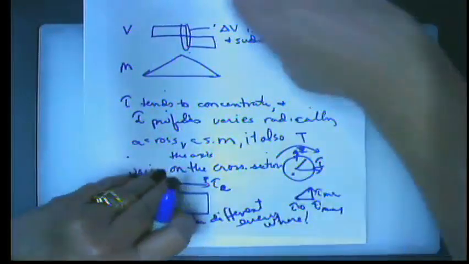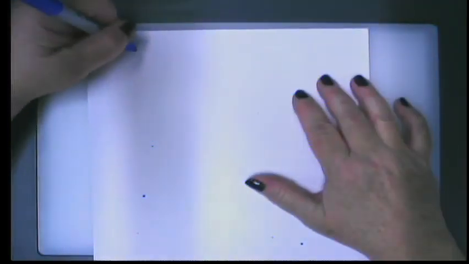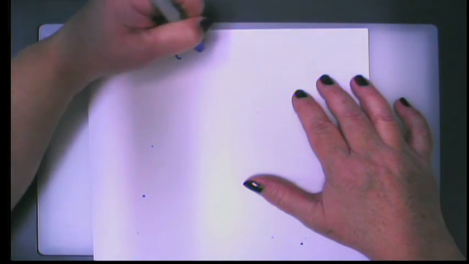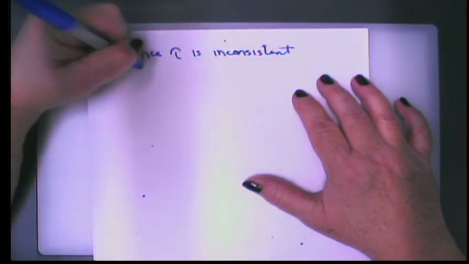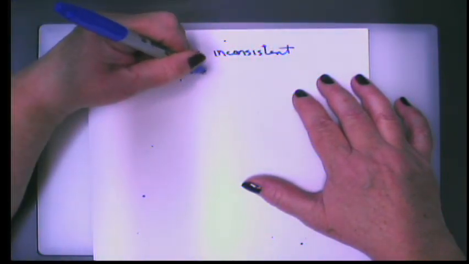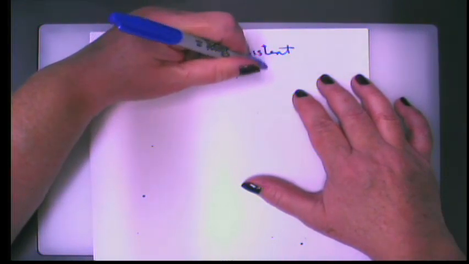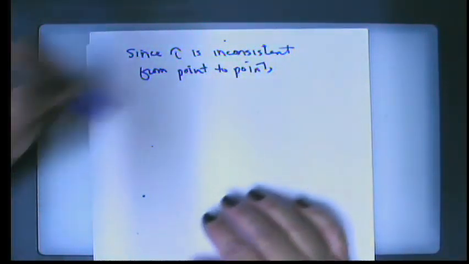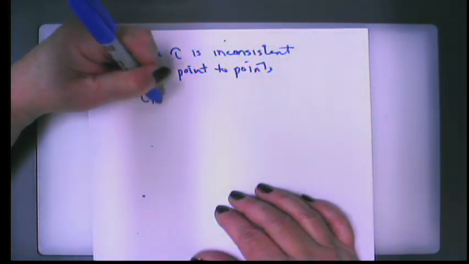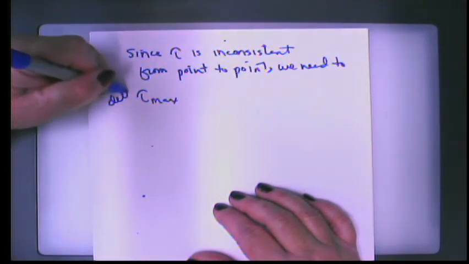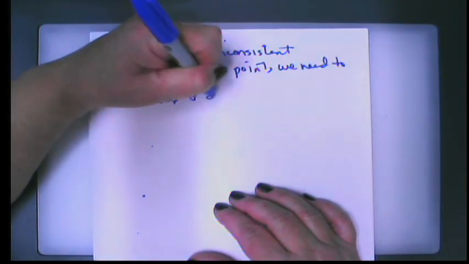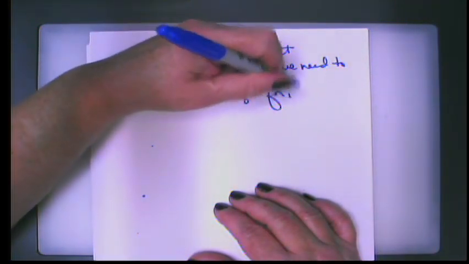Since tau is inconsistent from point to point, even without changing the load and without changing the structural member, we need to find tau max and design for it. When I say design for it, I mean to pick a size and a shape and a material that will bear that particular load.